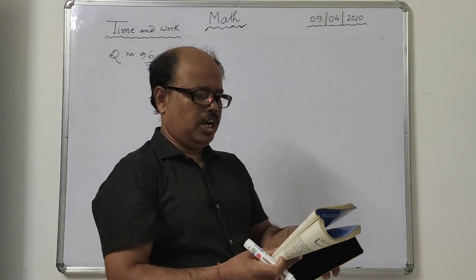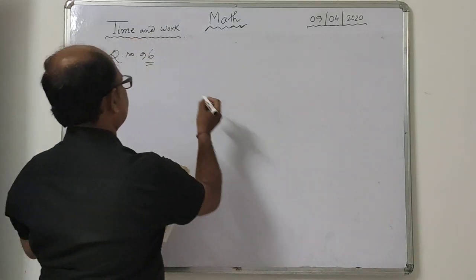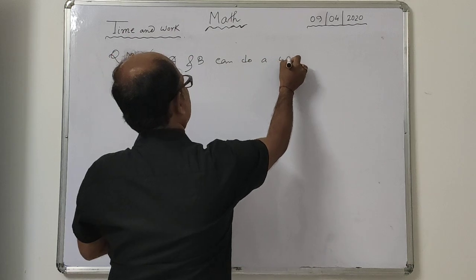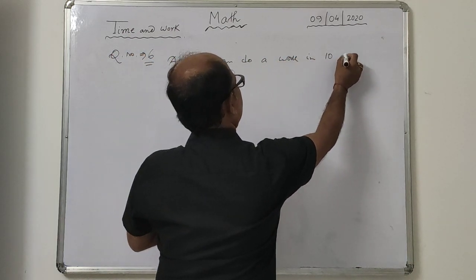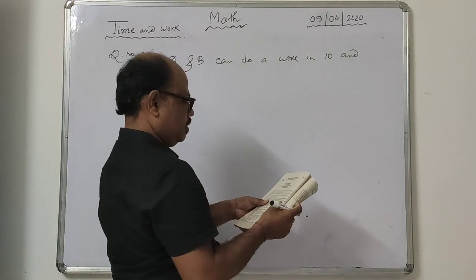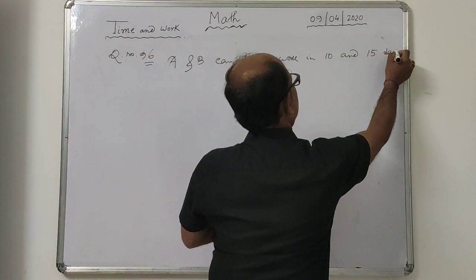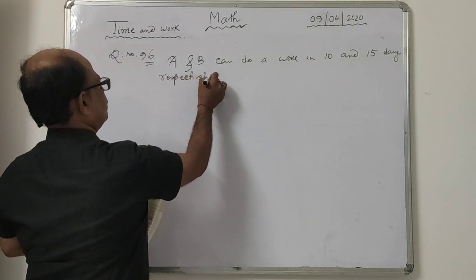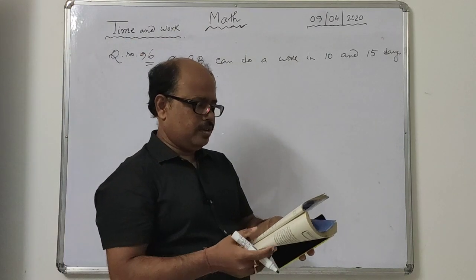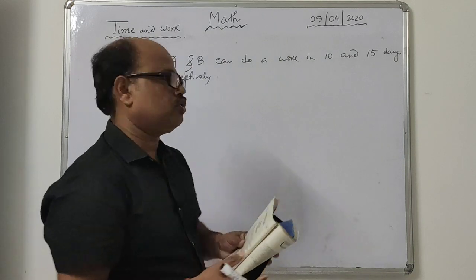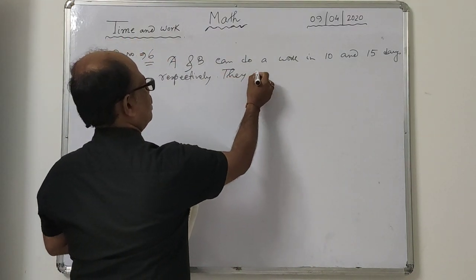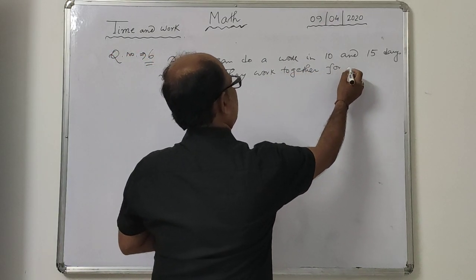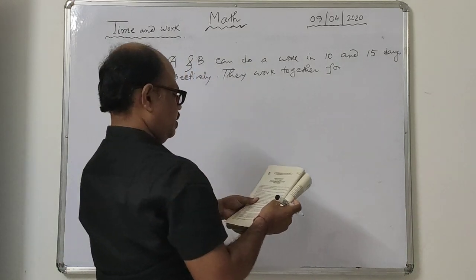A and B can do a work in 10 and 15 days respectively. They work together for 3 days.